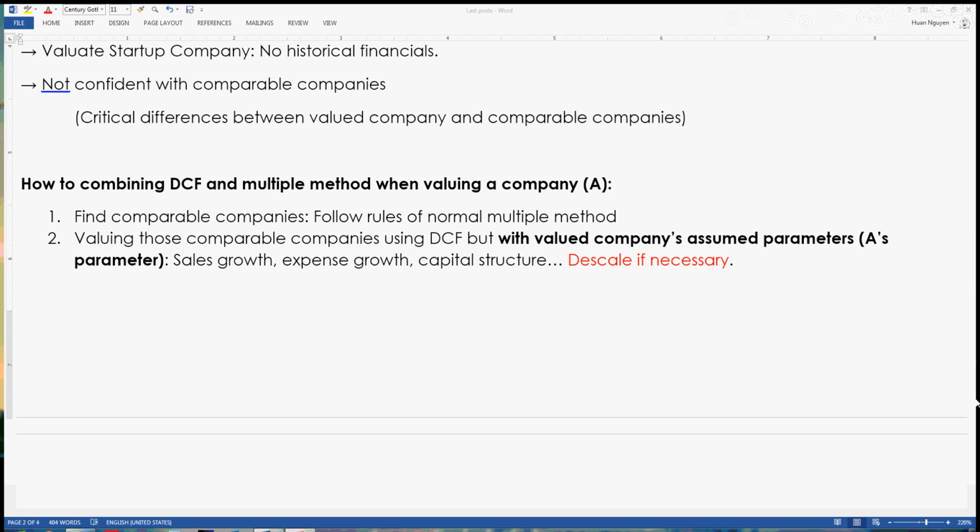The second step, we will evaluate those comparable companies using discounted cash flow, but with our company's assumed parameters, for example, sales growth, expense growth, and capital structure. You should descale those comparable companies if necessary to make them match up with each other.